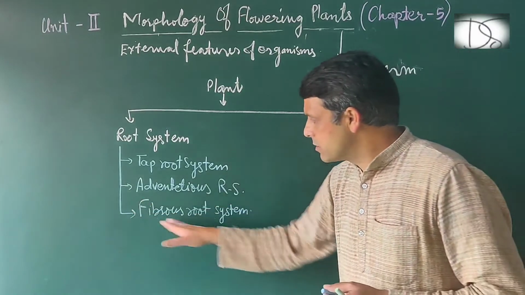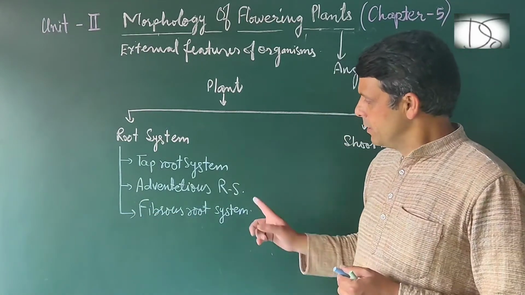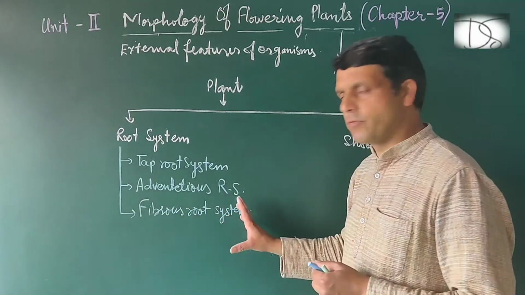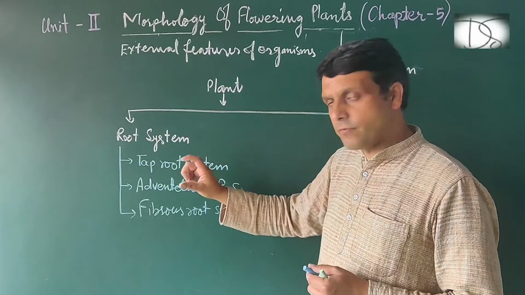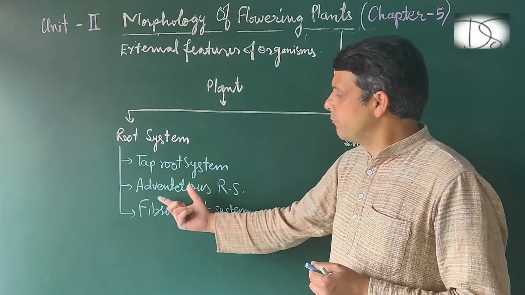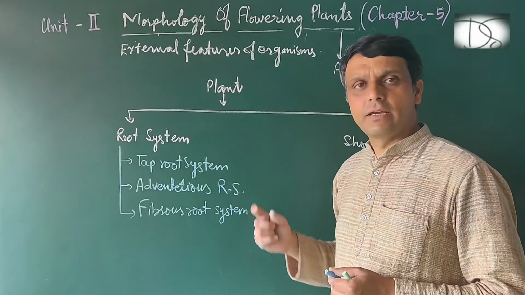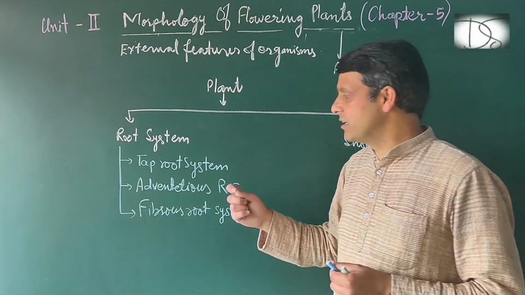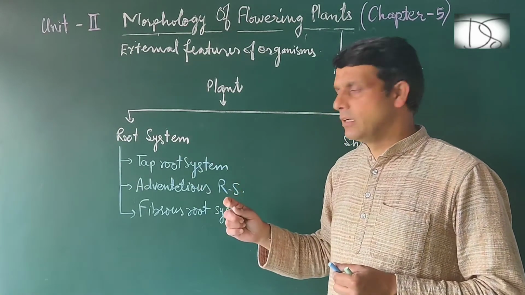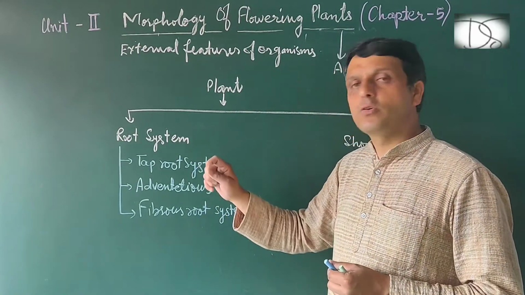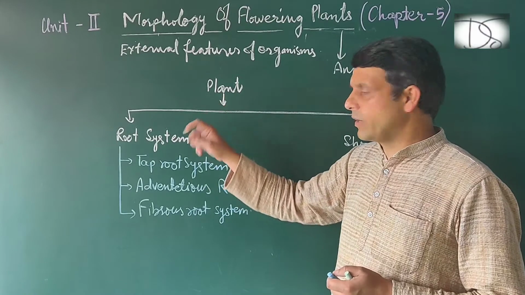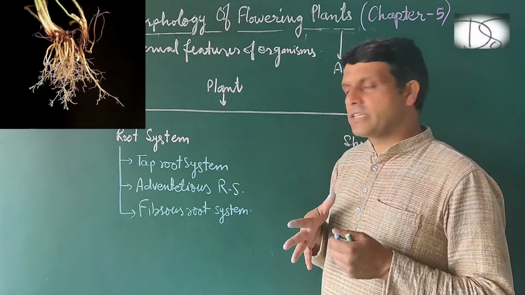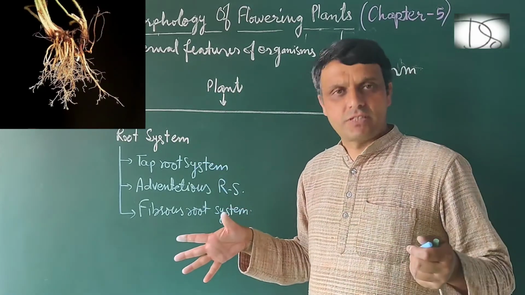When we talk about fibrous roots, these are some special type of roots whose formation starts from a radicle, but as soon as the fibrous roots start their formation, the radicle degenerates and the primary root formed from the radicle immediately gets divided into a number of roots.